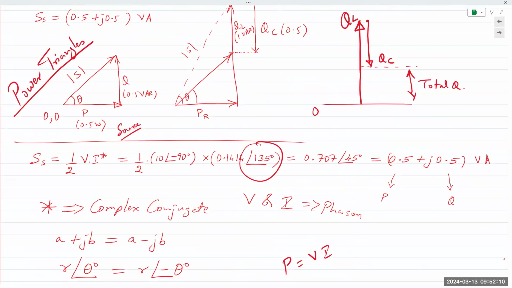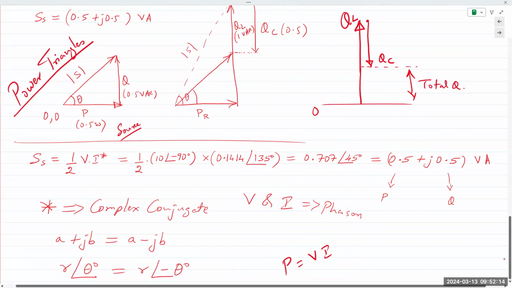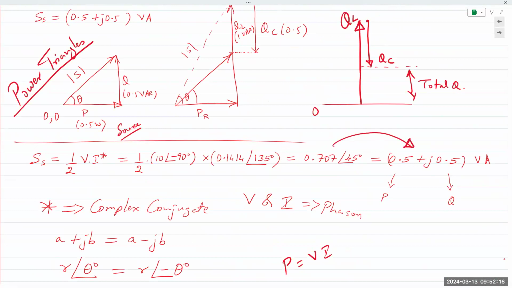Add it up, you get the answer in polar coordinates. When you transform that answer from polar to rectangular, you obtain the exact same answer, 0.5 plus j0.5. When you equate this with S is equal to P plus jQ, P is 0.5, Q is 0.5.